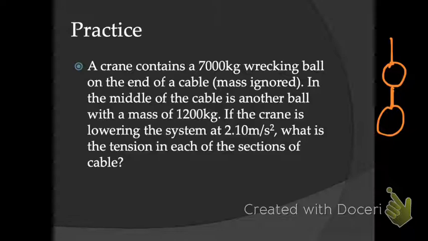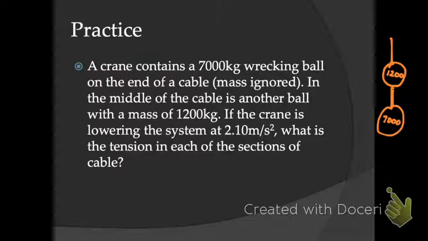If the crane is lowering the system at 2.1 meters per second squared, what's the tension in each of the sections of cable? We're going to look at what's happening in these cables individually, and we can ignore the mass of the cable itself. We're just looking at the mass of the objects.